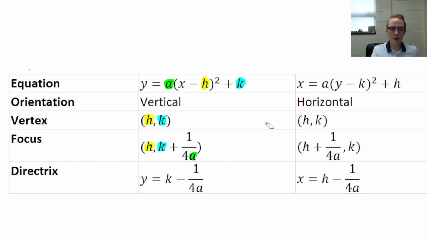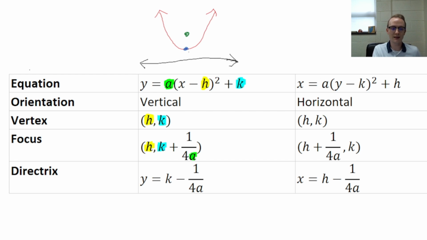And then finally, our directrix is pretty similar to our focus. Remember, if we're just going to look at this standard parabola right here with a vertex right here, and our focus is right here. Well, if the focus is 1 over 4a units, in this case above our vertex, by the definition of a parabola, the directrix needs to be 1 over 4a units below the vertex, because they are equidistant from this vertex.